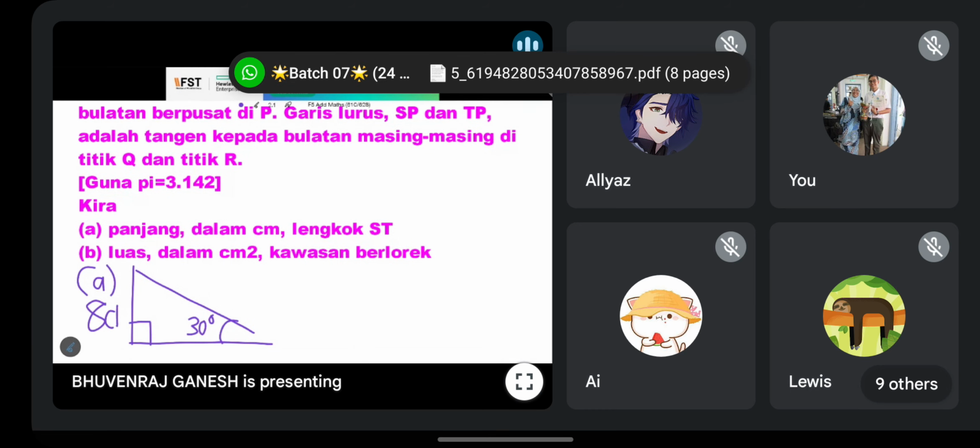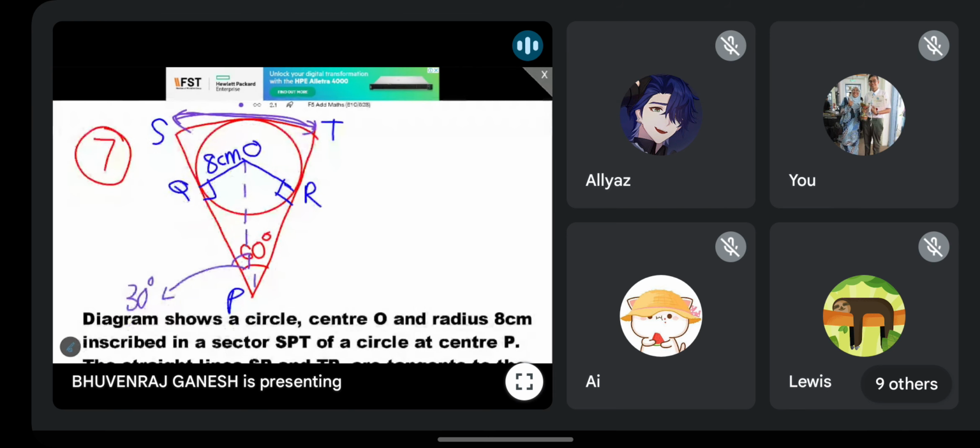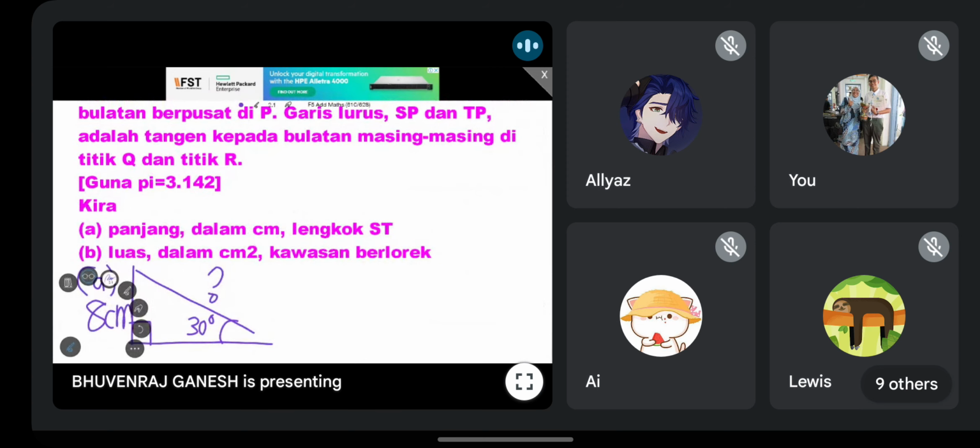Okay, so basically you must find this length. Kamu kena cari hypotenuse, because hypotenuse will give you the information on the radius of sector PST. Okay, you must get radius of sector PST untuk cari panjang lengkok ST. Okay, so guys, if you refer the triangle here, SOH CAH TOA, mana yang kamu guna?